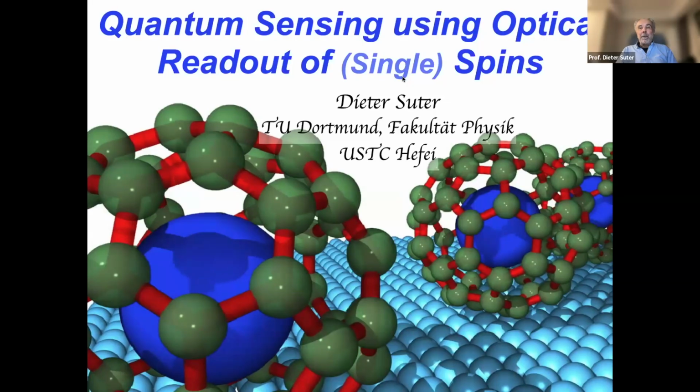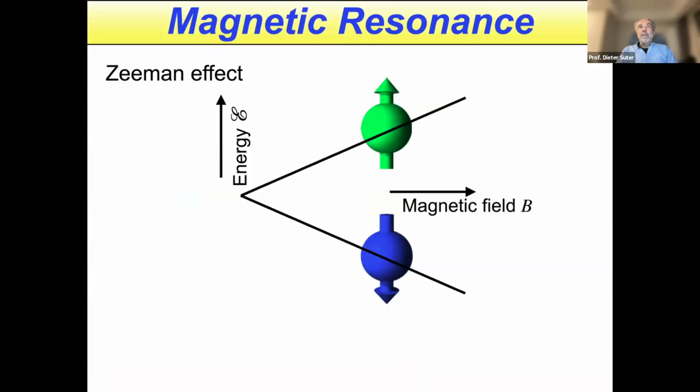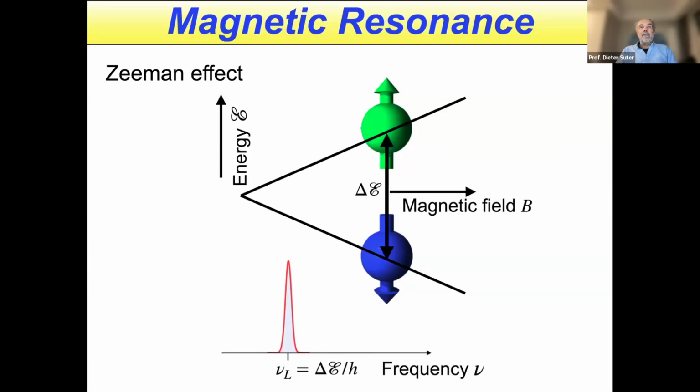So the topic is magnetic resonance, which you are all familiar with, I assume, since this is an NMR seminar. We typically have some interaction like a magnetic field, some energy difference, and we measure this energy difference by applying a resonant radio frequency or microwave field.